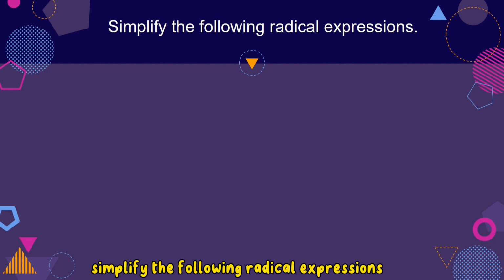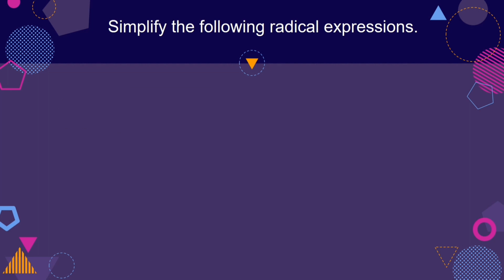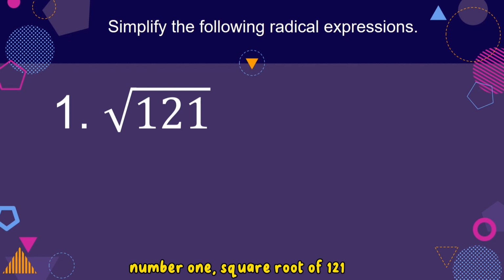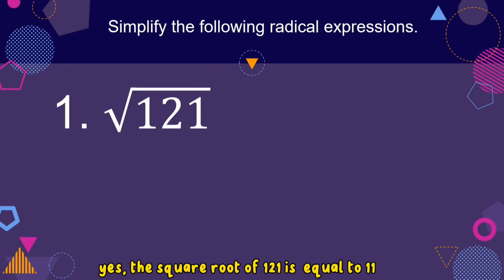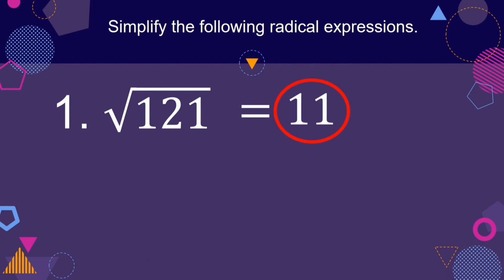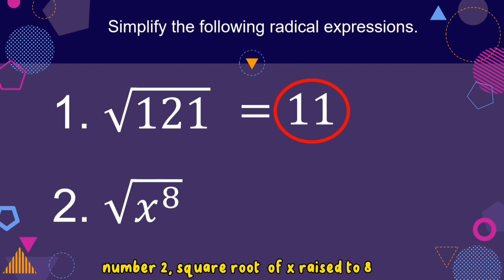Simplify the following radical expressions. Number 1. Square root of 121. What is the square root of 121? Yes, the square root of 121 is equal to 11. Number 2.